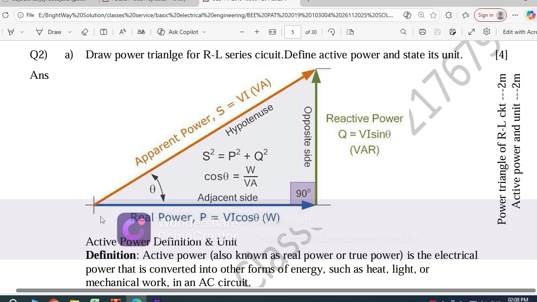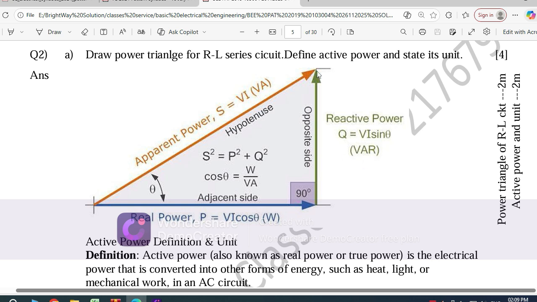The horizontal component is the active power, which is equal to VI cos theta. Then the vertical component is the reactive power, which is equal to VI sin theta.